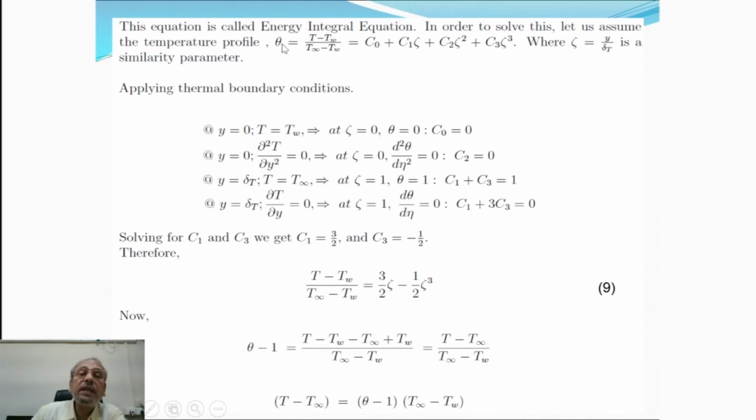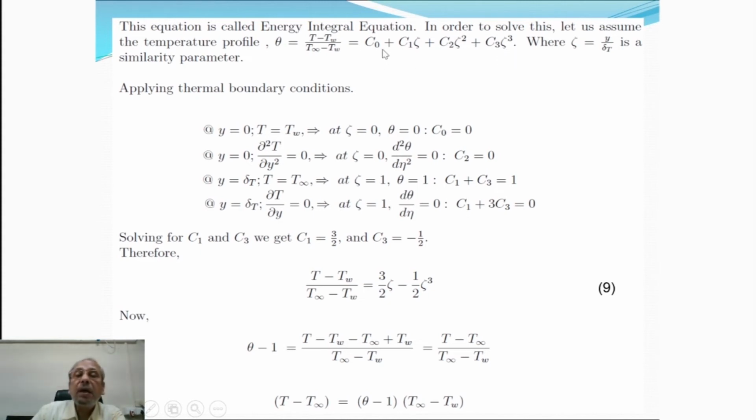Here we define theta as T minus TW divided by T infinity minus TW. Our conventional way is T minus T infinity divided by TW minus T infinity, but we have changed it slightly. And we have taken up this profile.